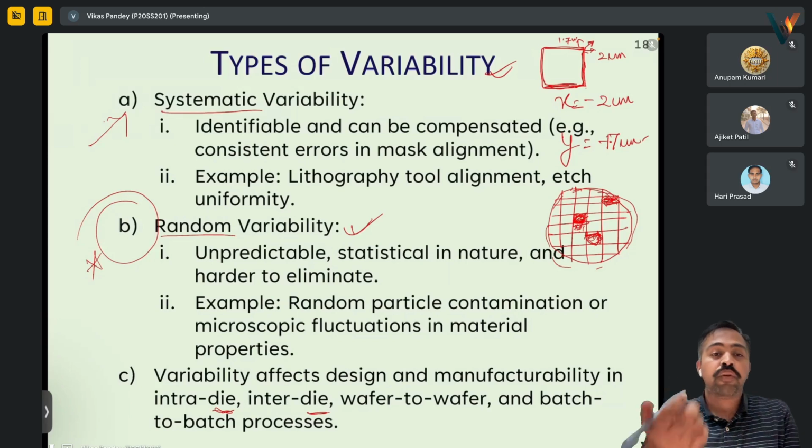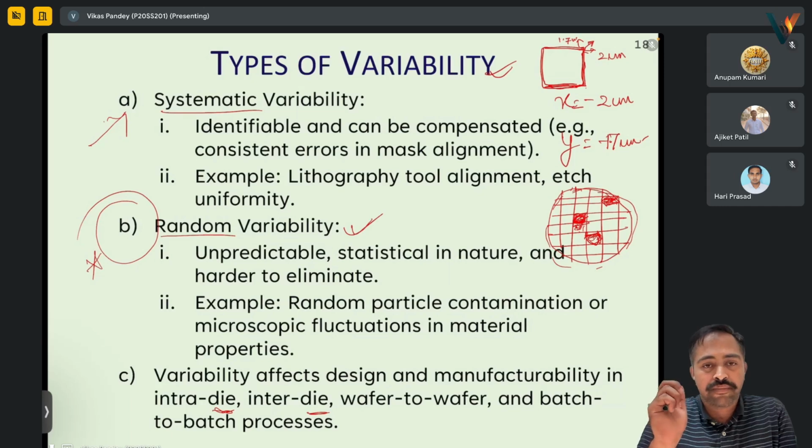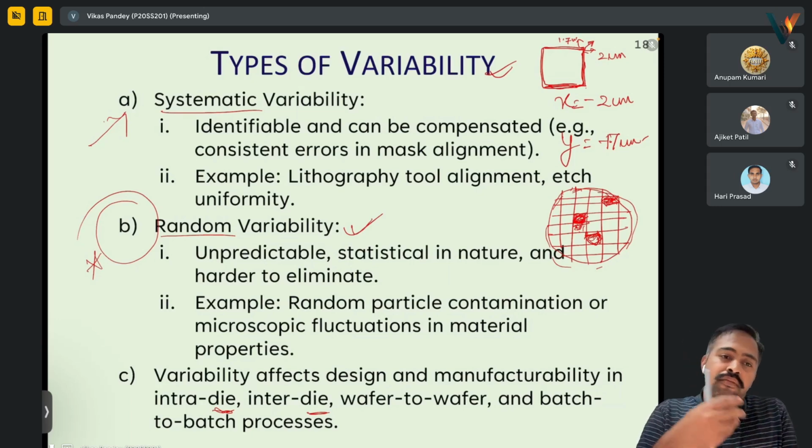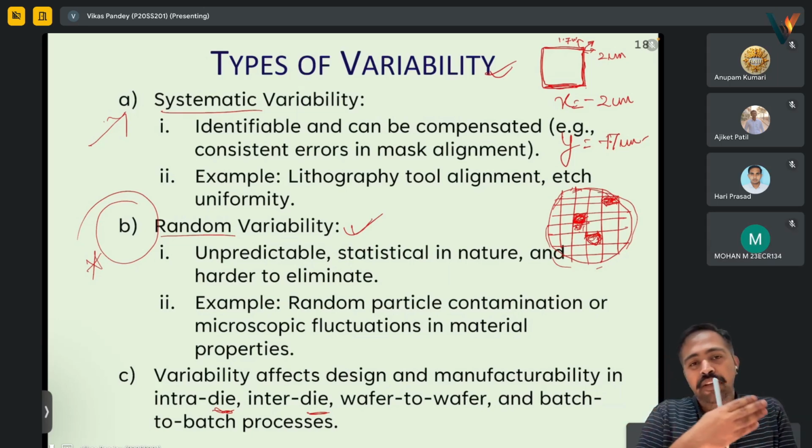But what if it is very random? Suppose I am working today, and in my lab the humidity is not properly maintained. It is fluctuating. So today I might get some output. The next day I did the same process and got some other output, like A on the first day, B on the second day.